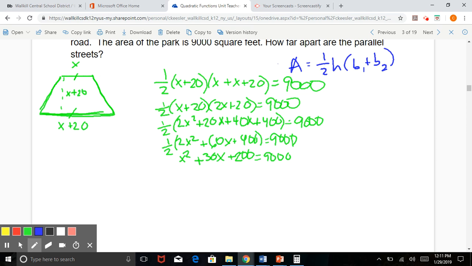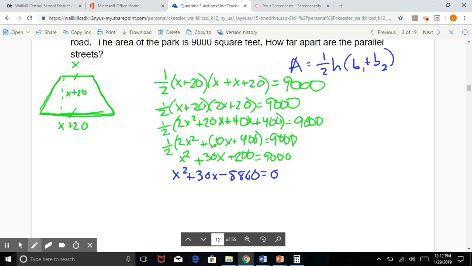So I'm going to subtract the 9,000, x squared plus 30x, and then 200 minus 9,000 is negative 8,800 equals 0. Now I need to factor.